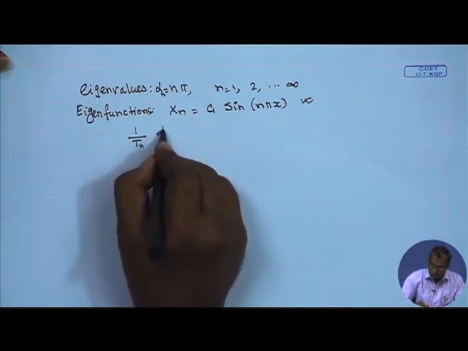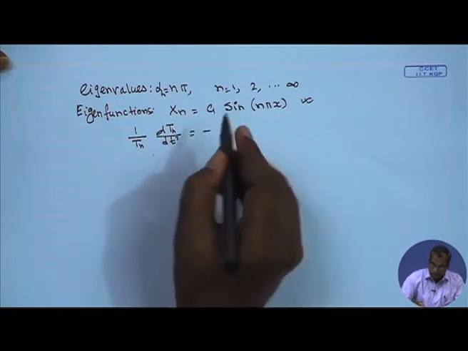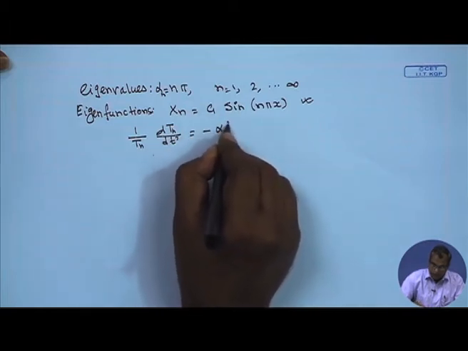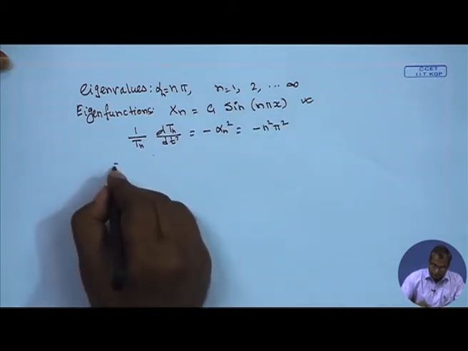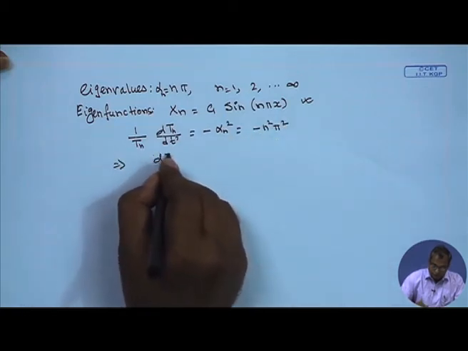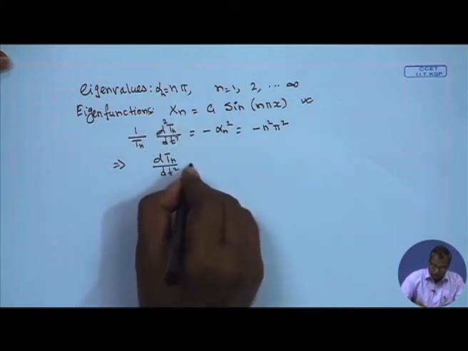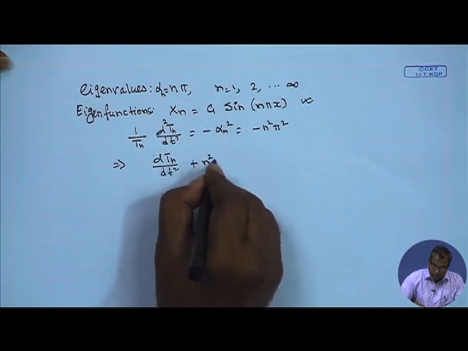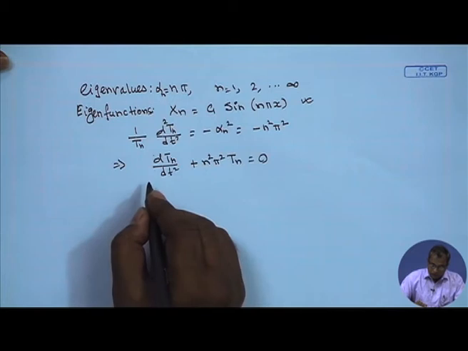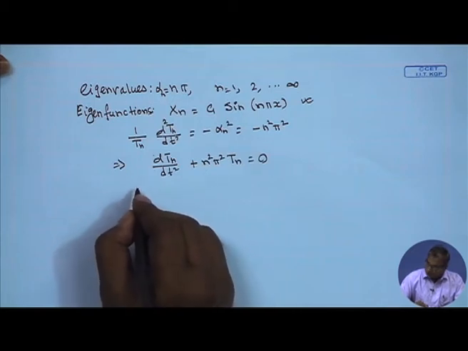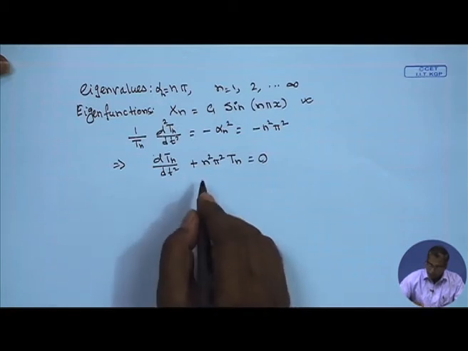1 by T n d square T n dt square is equal to minus alpha n square, or minus n square pi square. So if we do that, it becomes d square T n dt square plus n square pi square T n is equal to 0. So we will be looking into the solution of this.